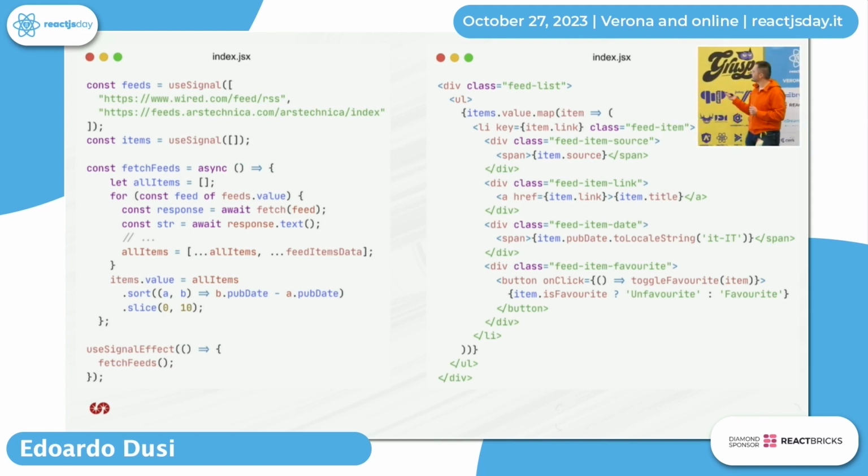But signals notify the nodes in my virtual DOM that are subscribed to the signals. So here, for example, we are cycling over my items value, the items that I fetched, I'm adding a map here. So every time items changes, I'm re-rendering this part, because only this part is affected by the items change.